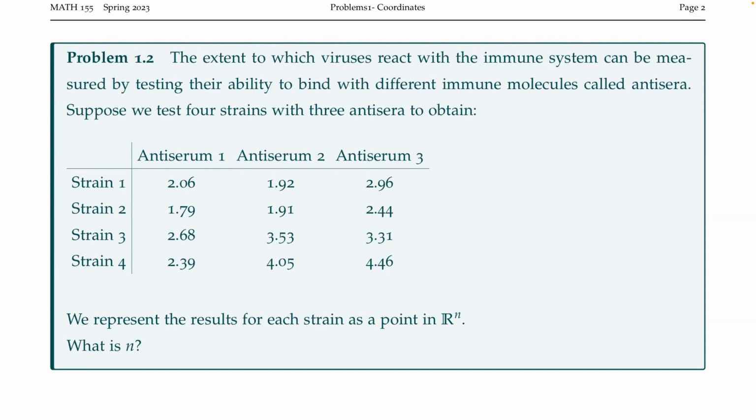So we can think about the relationship between those strains by thinking about how those strains interact with the immune system. We call these interacting with different antisera. And so these numbers here for these different strains in this table represent the interaction between a particular strain and a particular antiserum. Okay, and these are just numbers, right?